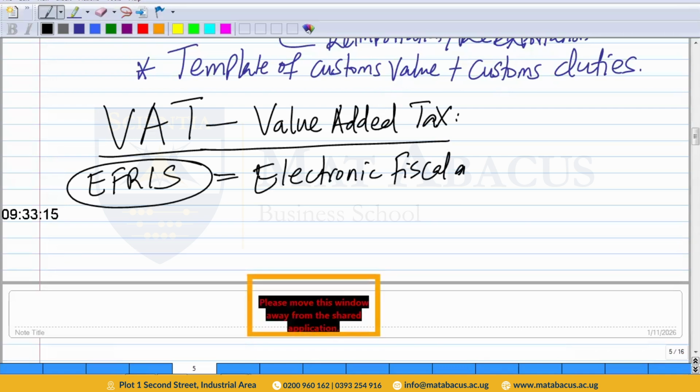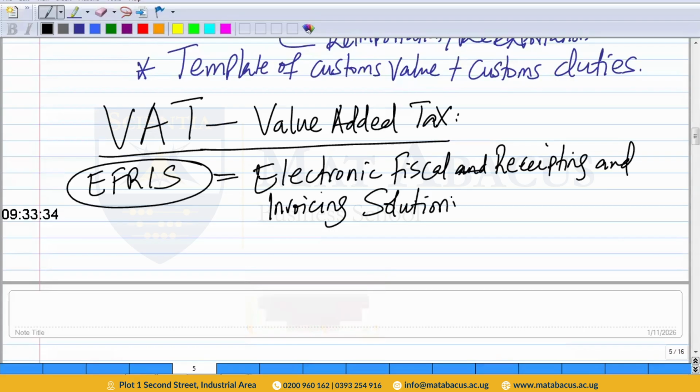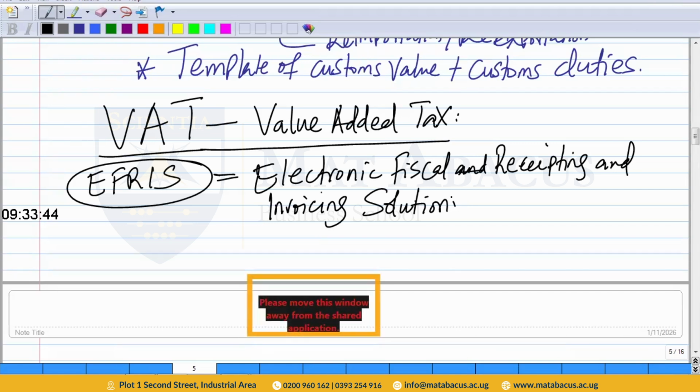Yes. Now, it is not called a system, it is called a solution. Thank you so much for that. So it is electronic fiscal receipting and invoicing solution. Most people call it a system, but it is a solution.